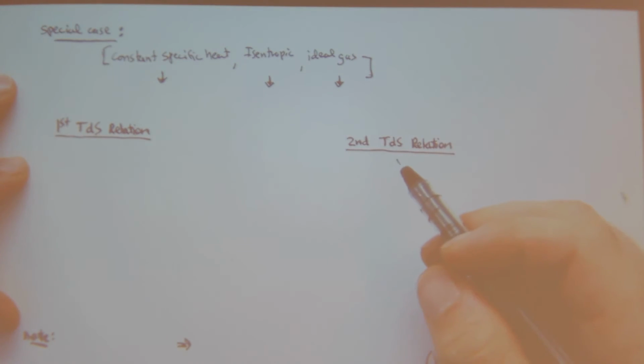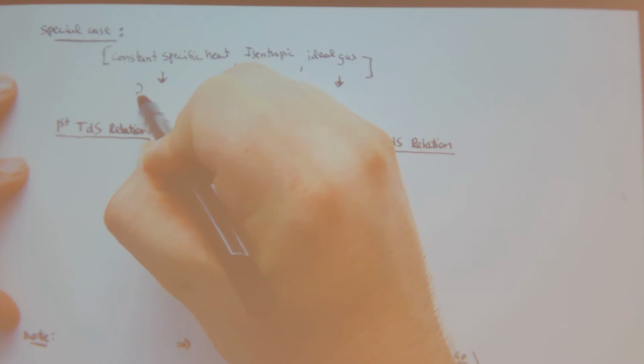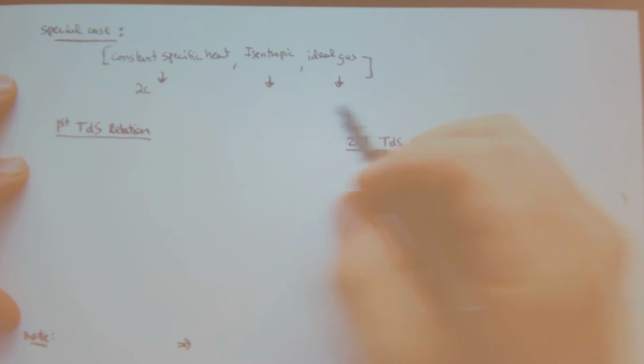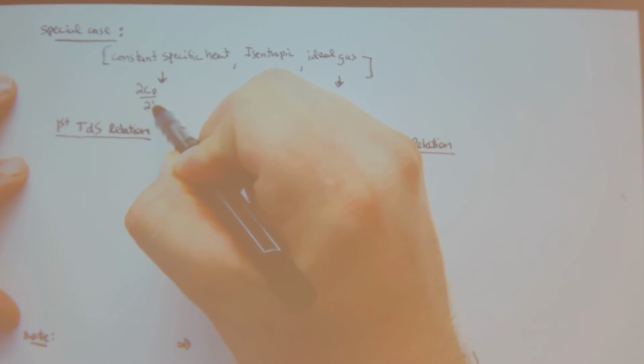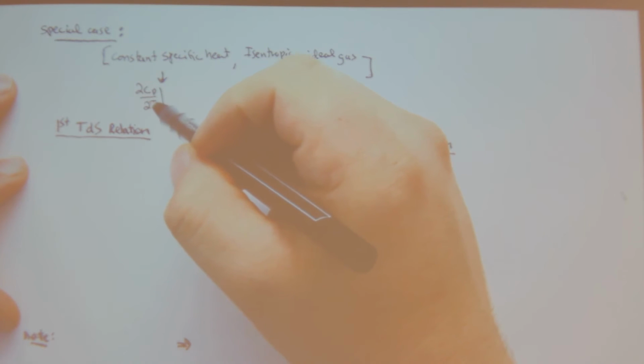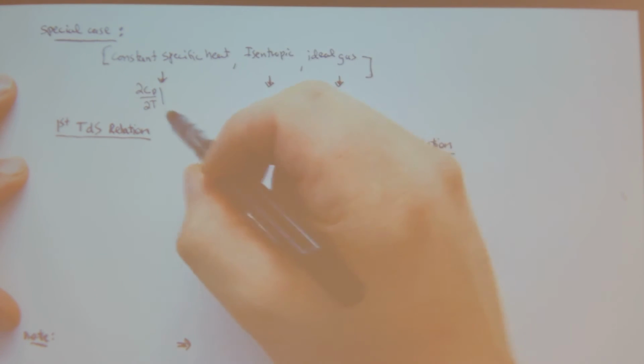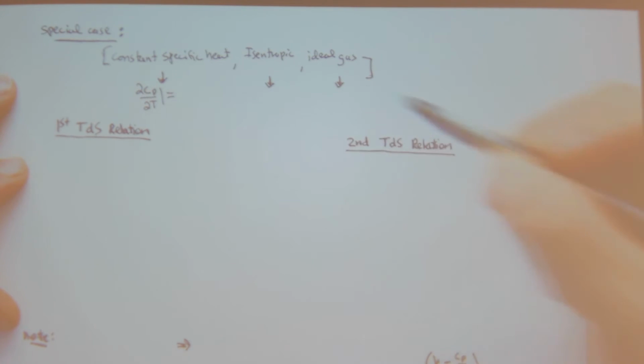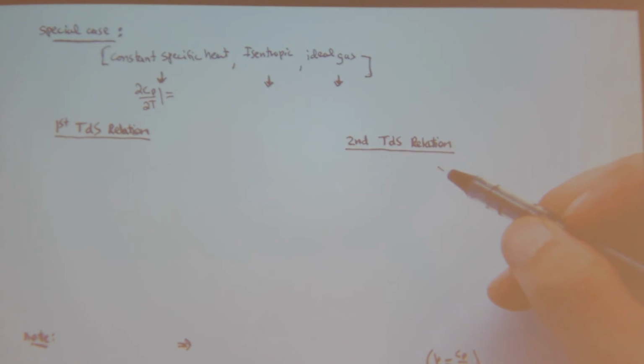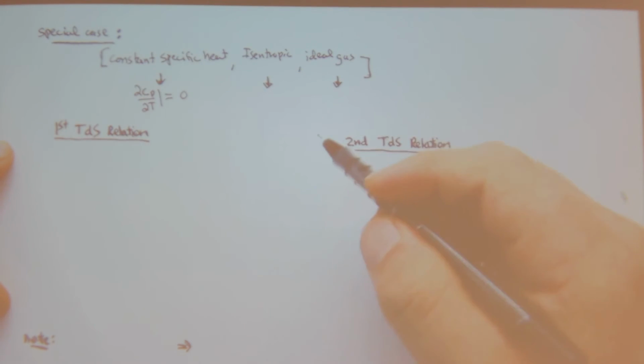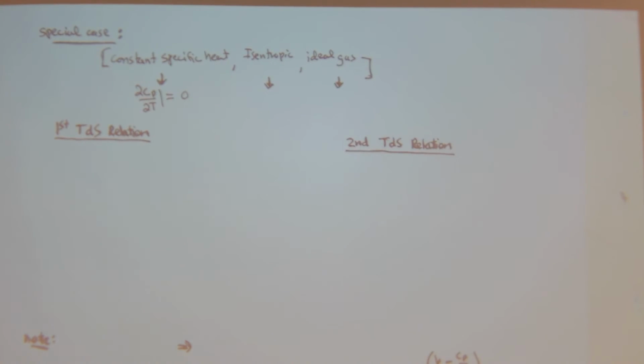So constant specific heat means partial Cp with respect to T, so this is equal to what? Is equal to 0. Isentropic means what? What does it mean to be isentropic? Delta S is equal to 0.